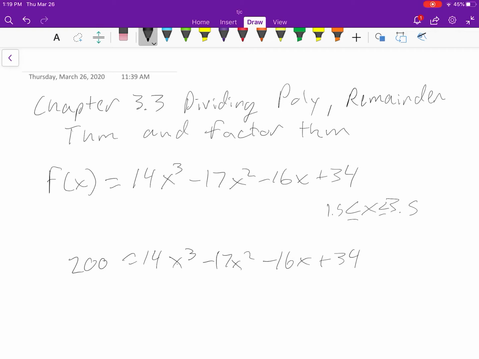What we do is we move the 200 over, and then we would proceed to factor. Well, the problem with this, if we look at it, is that we don't know how to factor this. There's no real trick that we've learned for factoring this.